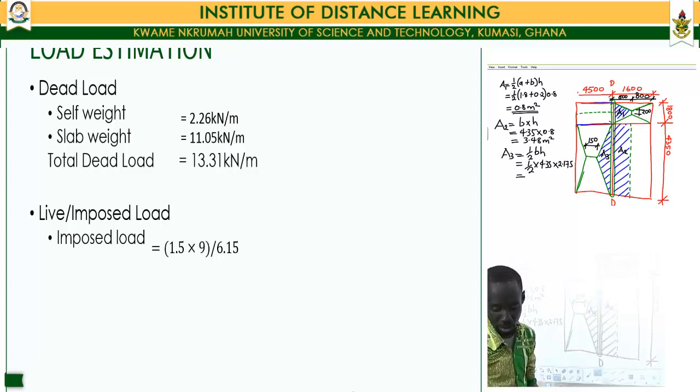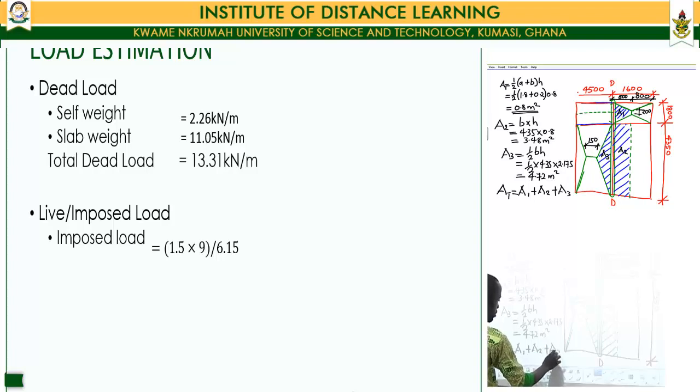This gives us a total area of 4.72 meters squared. So then the total floor area being carried by the beam is equal to area 1 plus area 2 plus area 3, which has a total value of 9 meters squared.